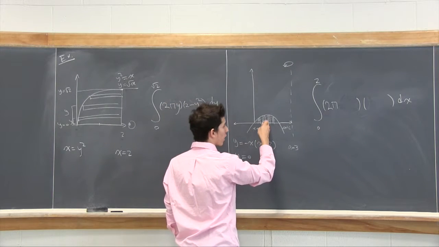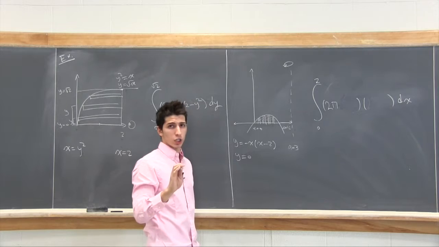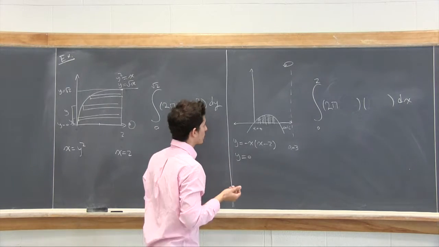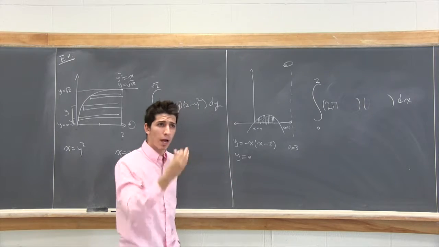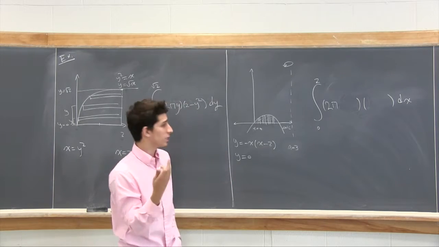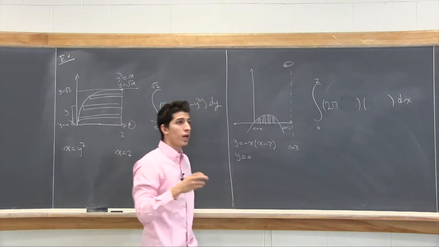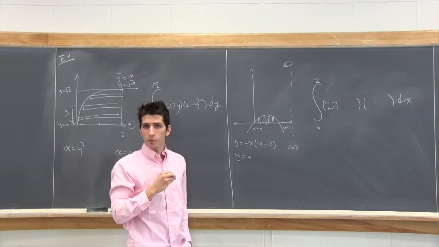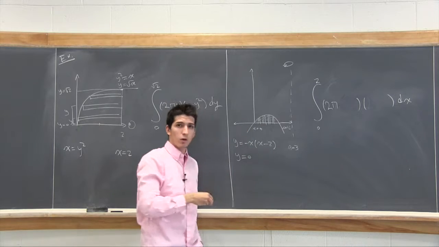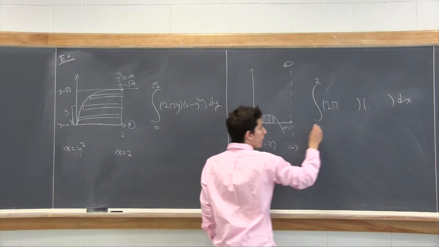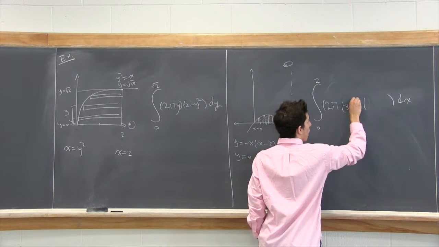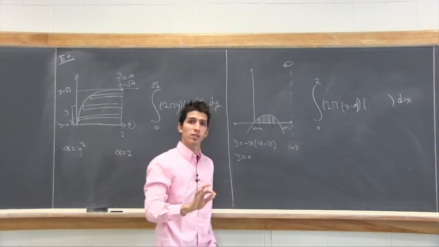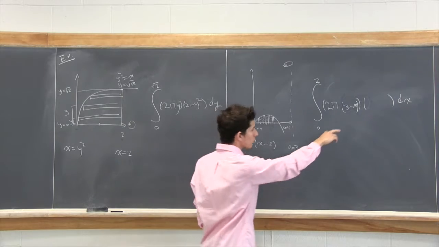We have to figure out how far away from 3 each x-coordinate of each cross-section is. That's very simple. We just do 3 minus x, where x is the x-coordinate of each cross-section. So if the cross-section is at x equals 1, it's 2 units away from 3. If it's at x equals 0, it's just 3 units. So it's 3 minus x, because we're trying to find how far away from 3 each x-coordinate is.